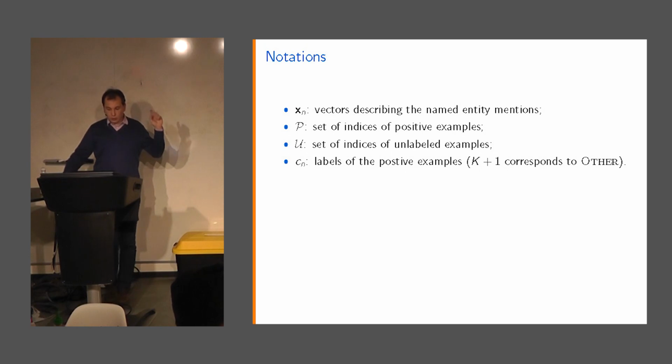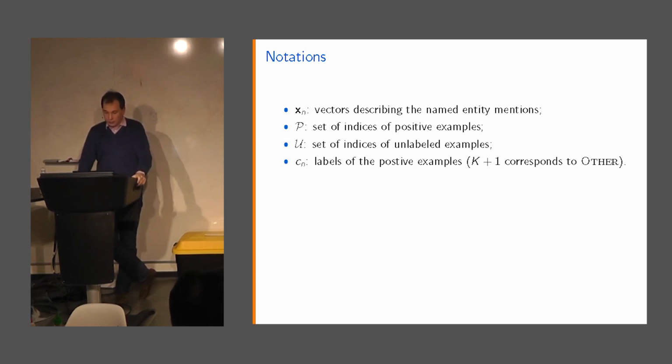So again, very quick notation. The vector x in that case is a set of features that will describe each potential named entity, and so the text surrounding this potential named entity. So P is the set of positive examples, U is the set of unlabeled examples, and we suppose that we have a bunch of labels for the positive examples, and again we allow a label other for all the things that are not actually named entities.